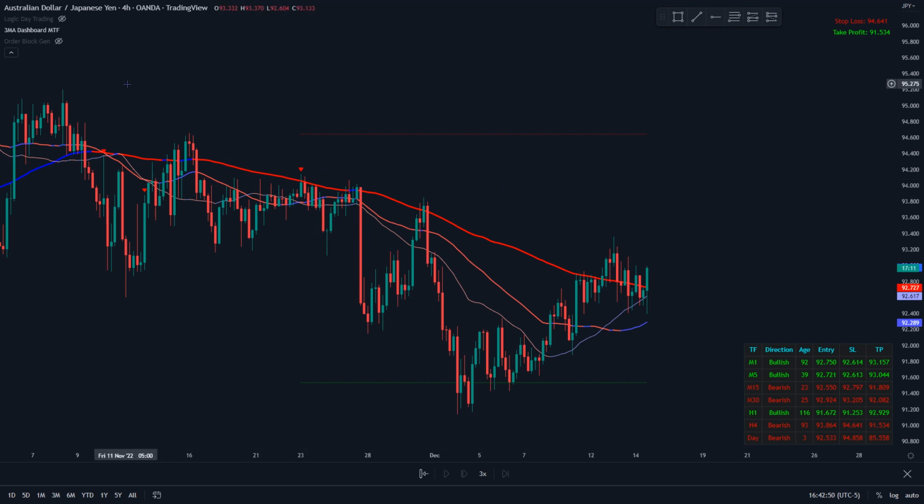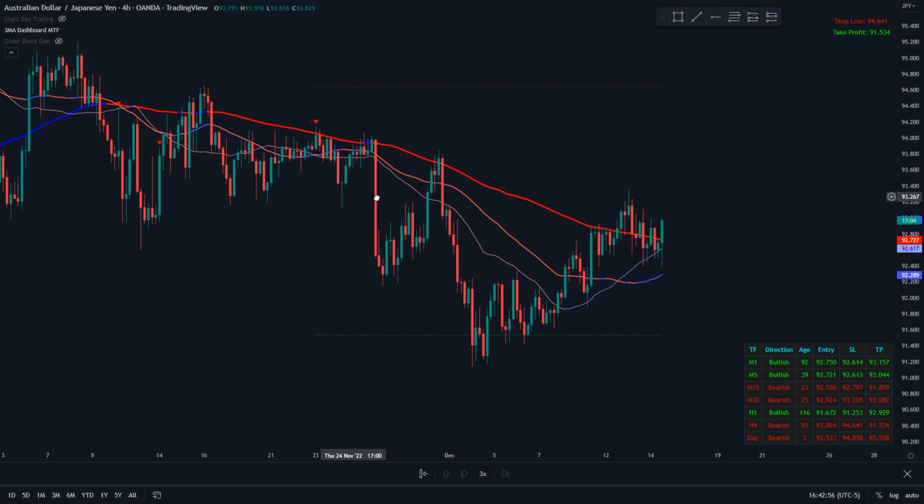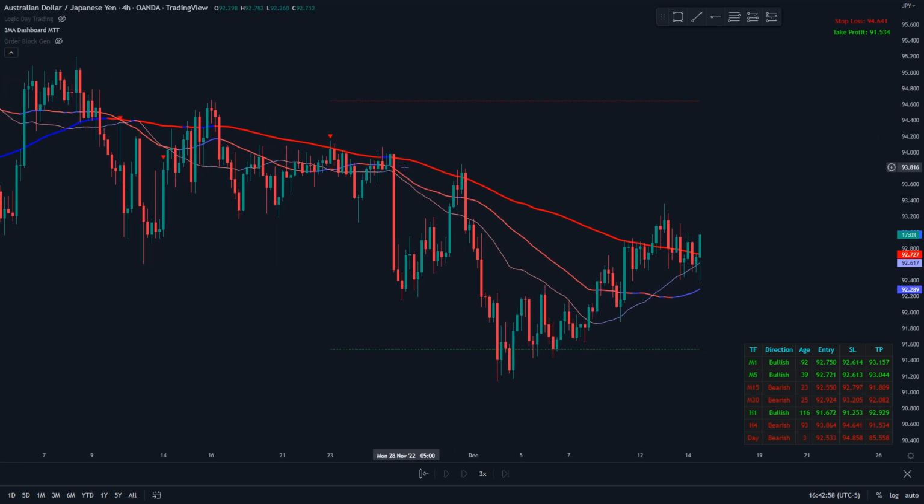So for this 3MA dashboard, 3 moving average, I just am looking for when the moving averages are all red or in sync with each other. So when they are, as we can see here with the red arrow, they all get in line, they all get in sync and turn red.